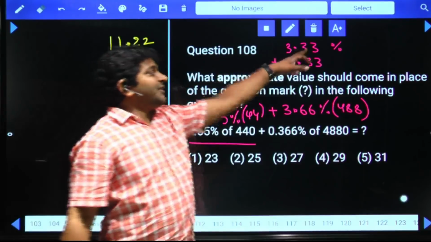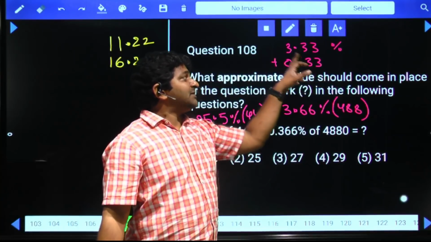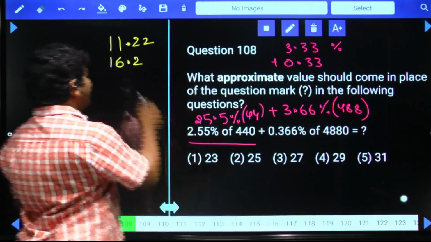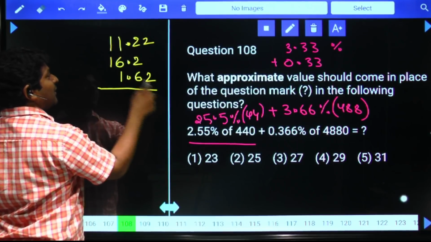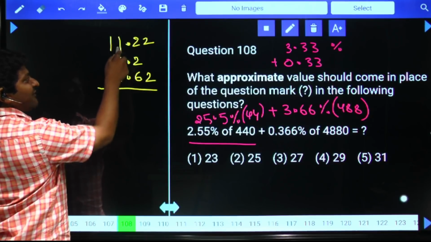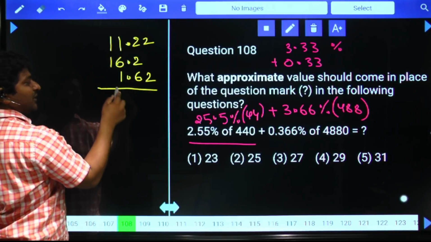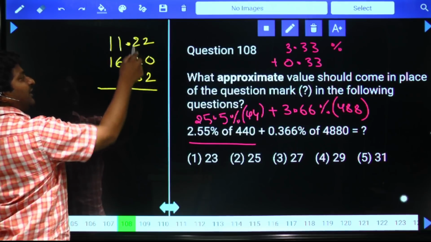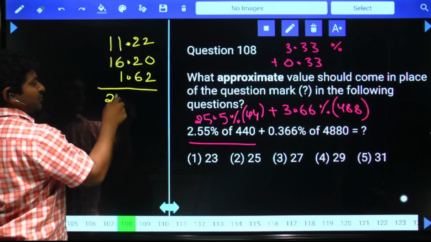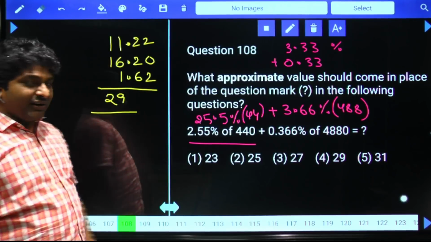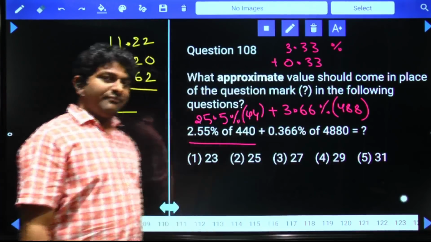That is 3.33. And then we need to add 0.33 percentage, which is 10% of this number. 10% of this number is equal to 1.62. Now, 16 plus 11, 27 plus 1, 28. 20, 20, 60, that is equal to again 1 we will get. Total 29 something we will get. 29 point something, fourth option, final answer.